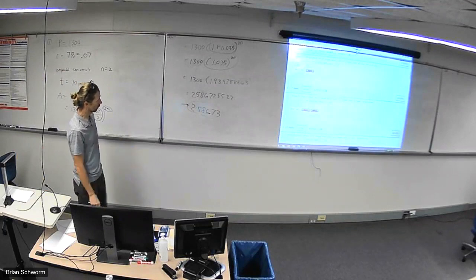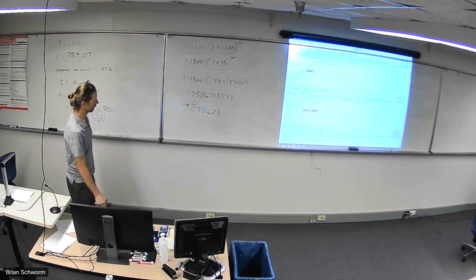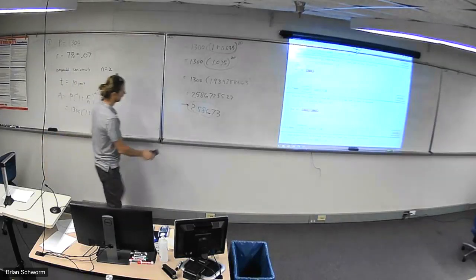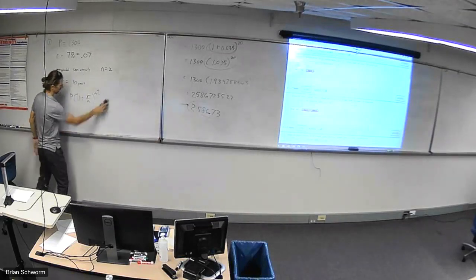Anyway, another example, number 2. Also just a straightforward problem. They give me numbers to plug in. Of course, the numbers are different. We've got different compounding. Process is still the same.